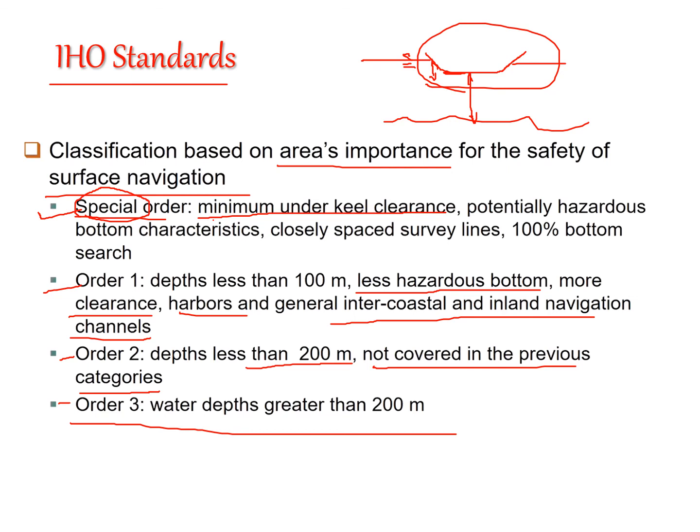Then there is potentially hazardous bottom clearance: some permanent obstructions may be present, and those also have to be identified. Then closely spaced survey lines. What is the meaning of closely spaced survey? Let us say this is a seashore, seen from the top view, and towards this side is the sea water.